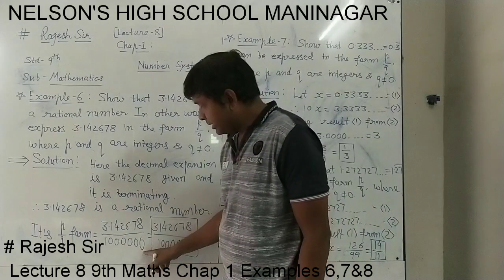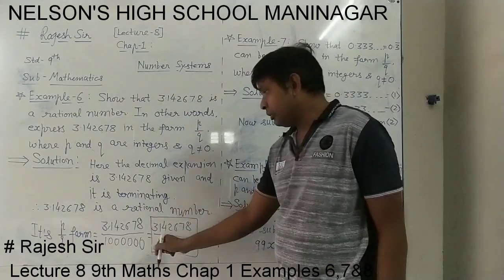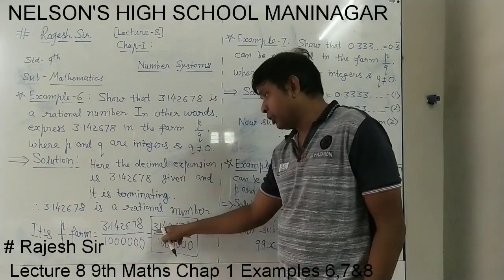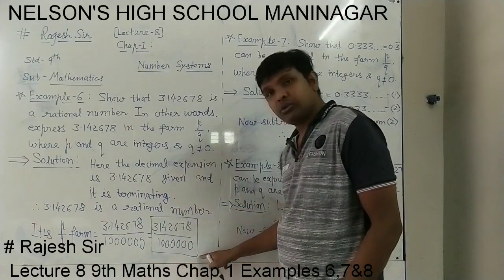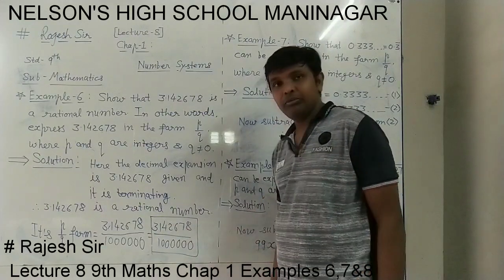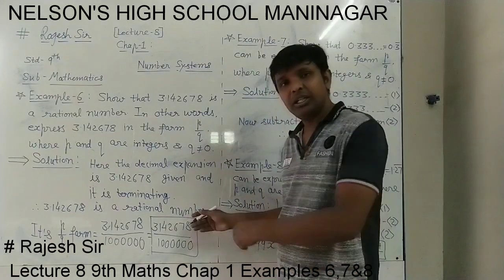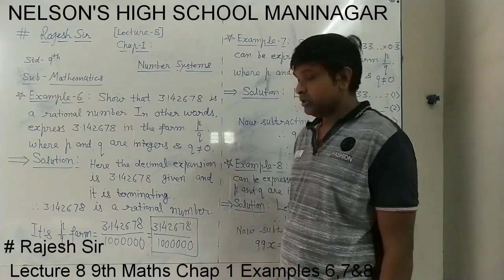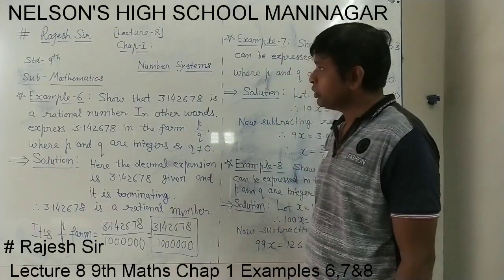By dividing this way, we can cancel the point, and now the number will be 3142678 without the point upon 1 followed by 6 zeros, which is 10 to the power 6. So this is the P upon Q form. We can simplify this also by dividing by 2 or 4 or the common numbers, but if we leave it this way, it's not a problem. It is in P upon Q form.